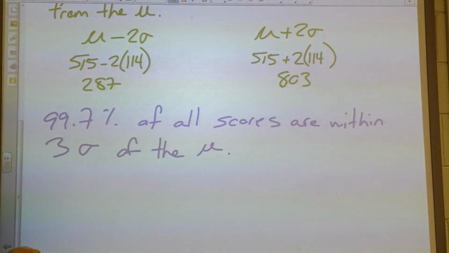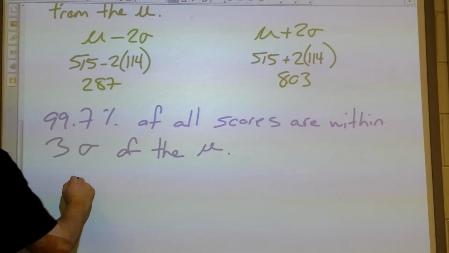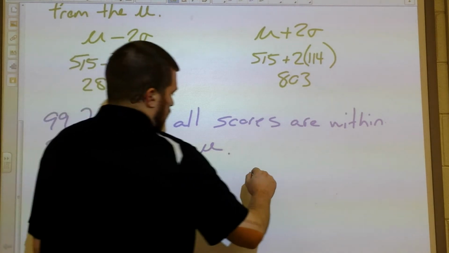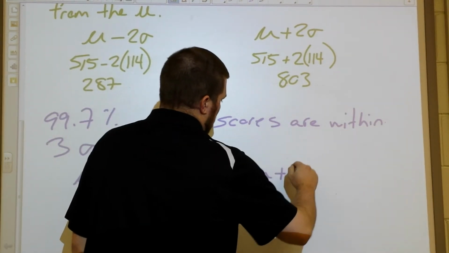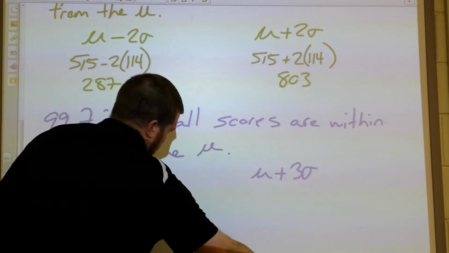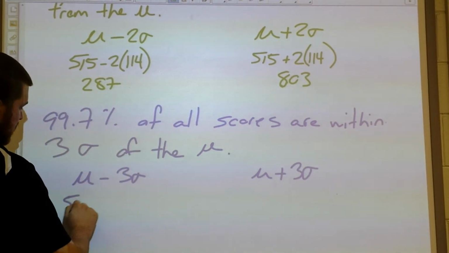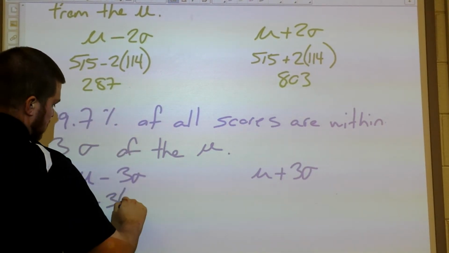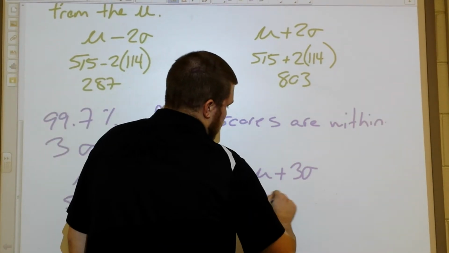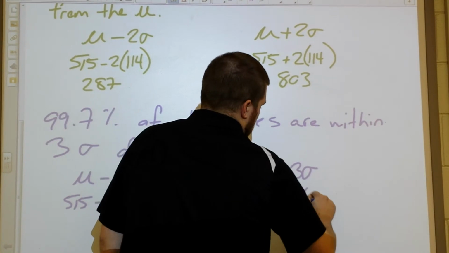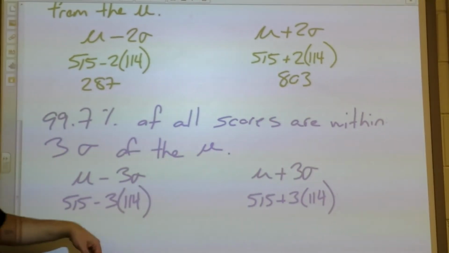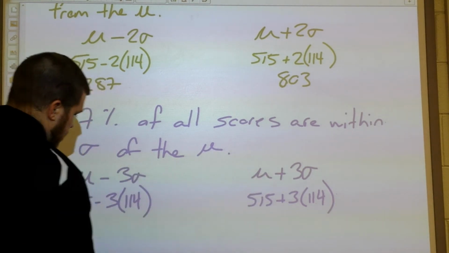Mathematically, that means our lower bound is going to be the mean minus 3 standard deviations, and our upper bound is going to be the mean plus 3 standard deviations. Now we just need to plug in what we know. The mean was 515 minus 3 times our standard deviation of 114, and 515 plus 3 times 114. Now use calculator to figure out our lower bound and upper bound.